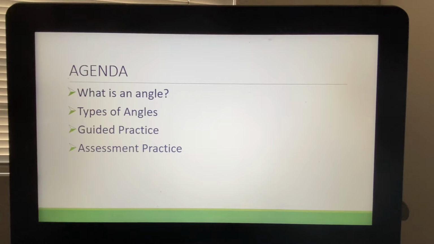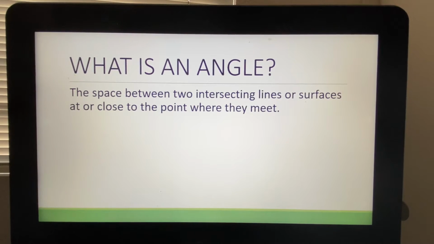So, what is an angle? An angle is the space between 2 intersecting lines or surfaces at or close to the point where they meet. And I'd like everyone to write this down. The space between 2 intersecting lines or surfaces at or close to the point where they meet.